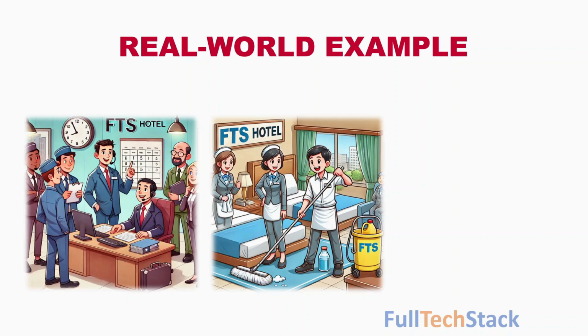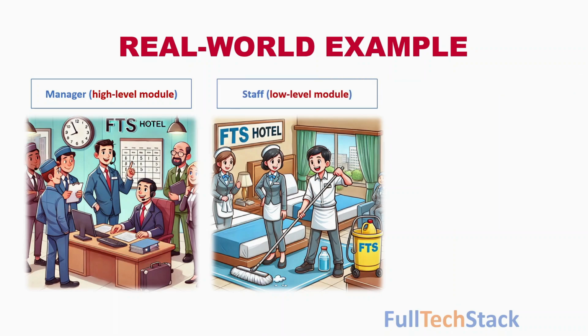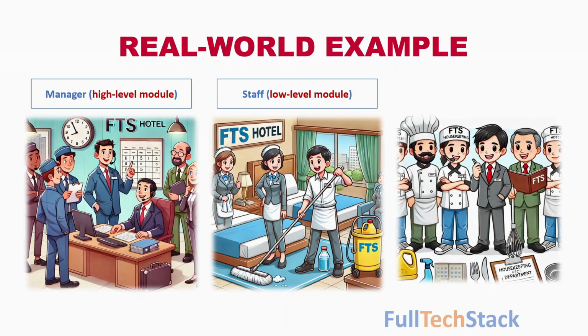Similarly, in coding, if the manager, who is representing the high-level module here, starts depending on the details of room cleaning or the food preparation, then any change in the cleaning process or menu would directly disrupt the manager's work. And to avoid this, the manager relies on the roles like housekeeping or the kitchen staff. These roles define what needs to be done but not how it's done, and act as abstractions.